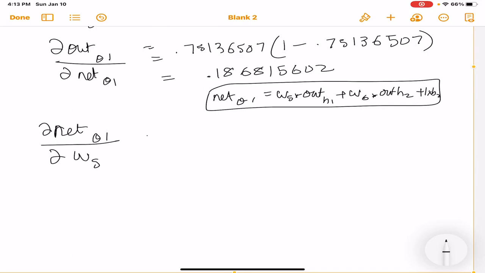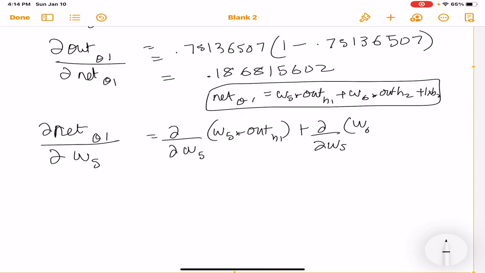So that is equal to dou by dou W5 into W5 into out H1 plus dou by dou W5 into W6 into out H2 plus dou by dou W5 into B2.